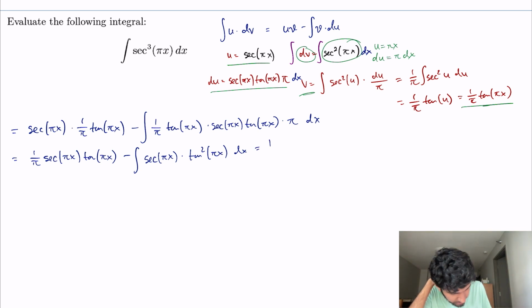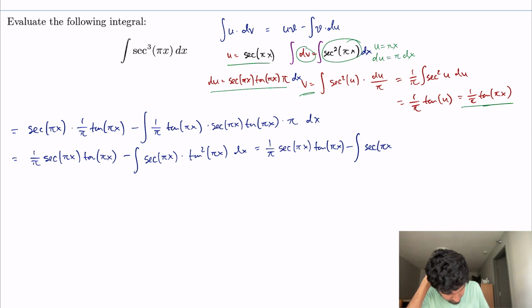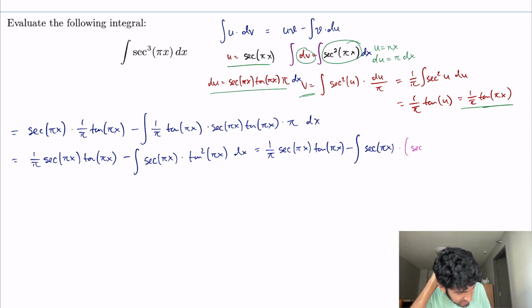So this entire quantity will be 1 over pi secant pi x times tangent pi x minus the integral of secant pi x times, I don't want to use that color, I'm going to use pink instead, times secant squared of pi x minus 1 dx.